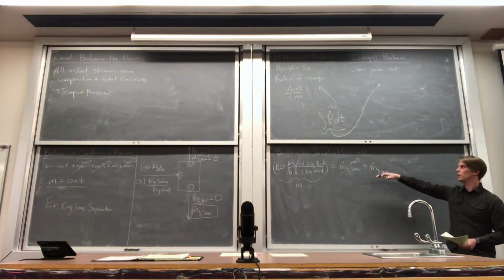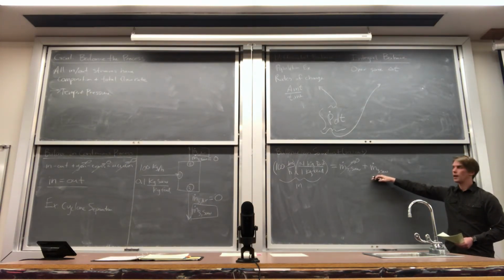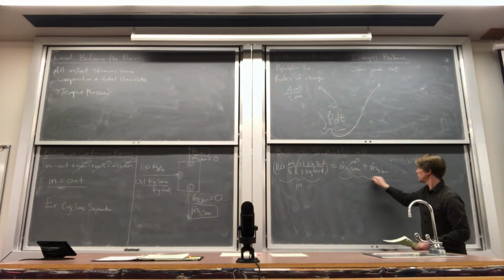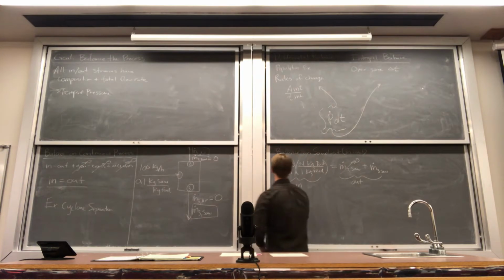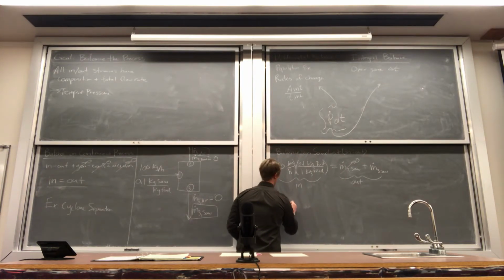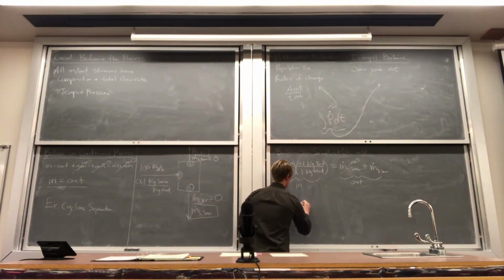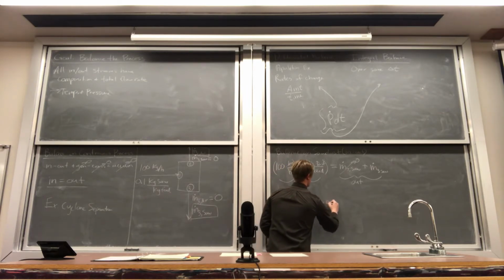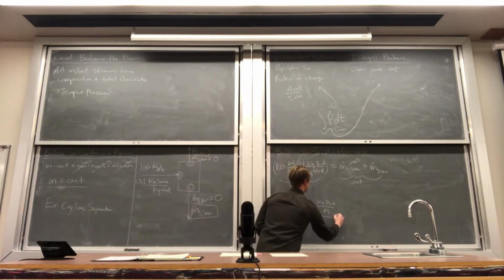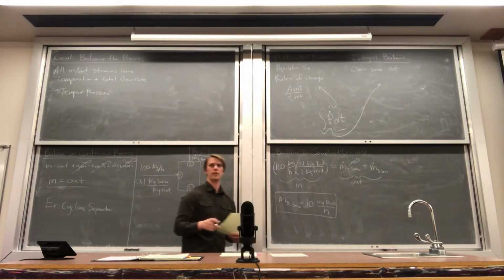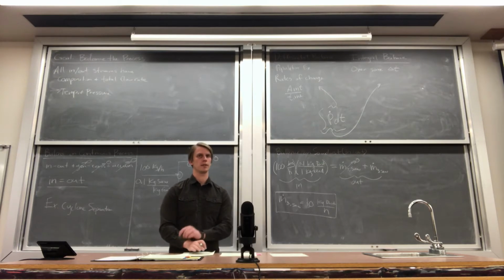In this example here, we have one equation, one unknown. And we can very trivially say that m dot 3 saw is equal to 10 kilograms of sawdust per hour. We are effectively halfway to balancing our process.